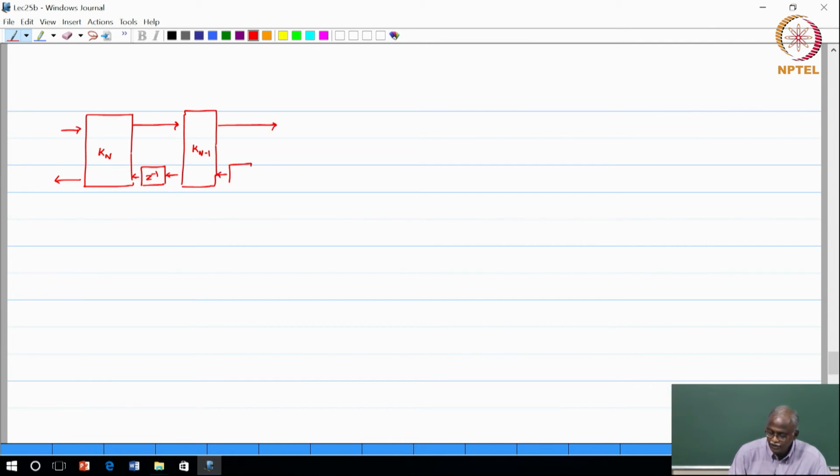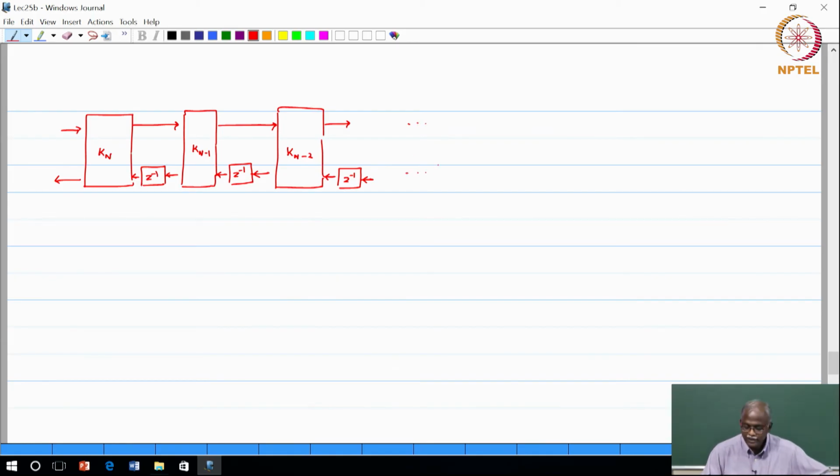This would be z inverse, this would lead to Kn minus 2, and so on, dot dot dot on the numerator and on the denominator side, and the last stage I will call K1.